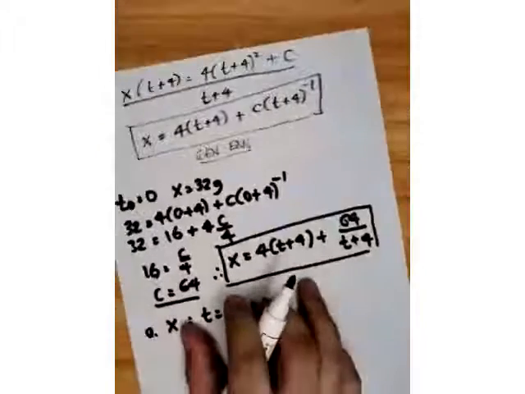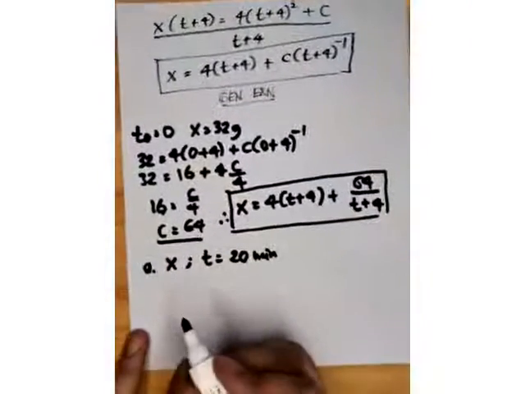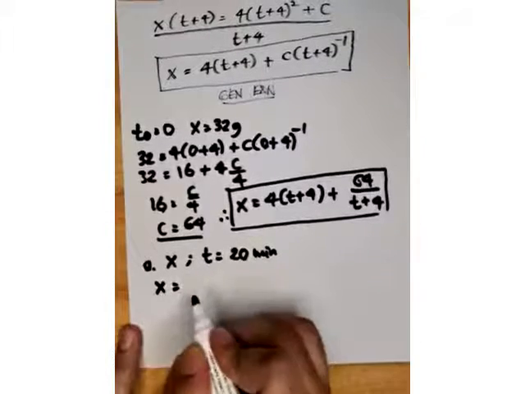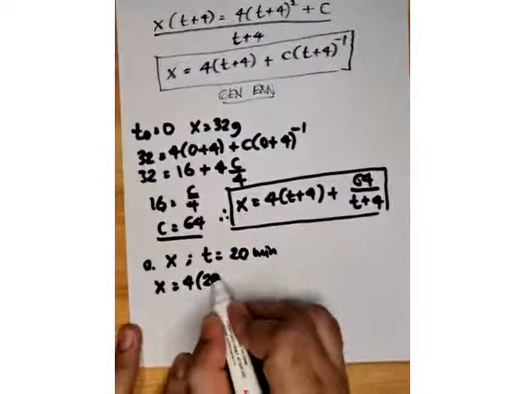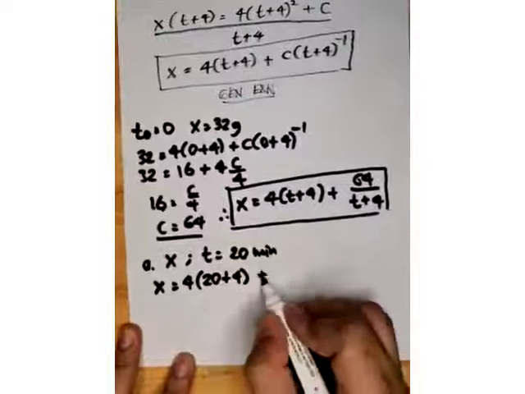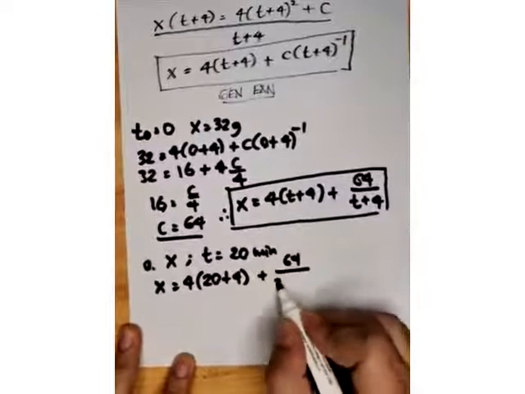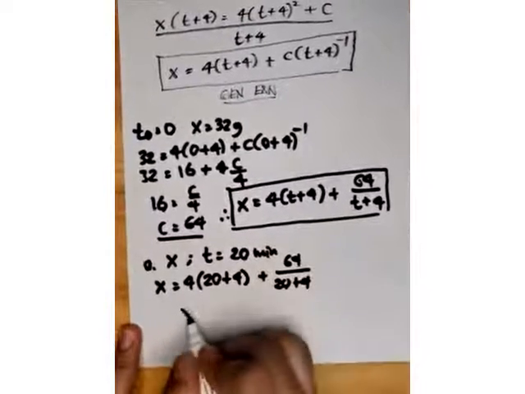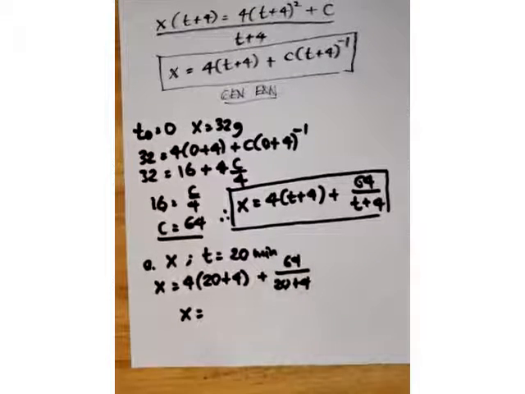Okay, so let's just apply it. So x is equal to 4 times 20 plus 4 plus 64 over 20 plus 4. So what is the value of x?